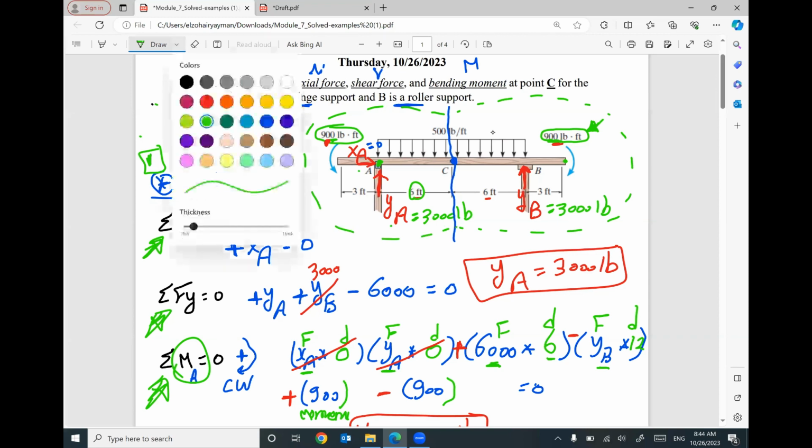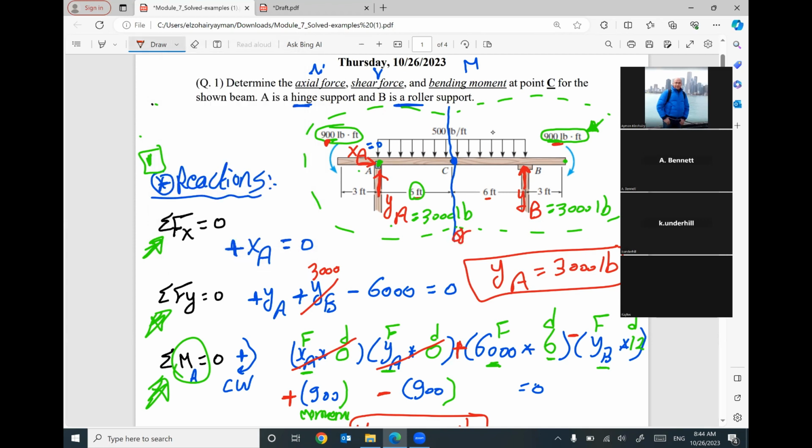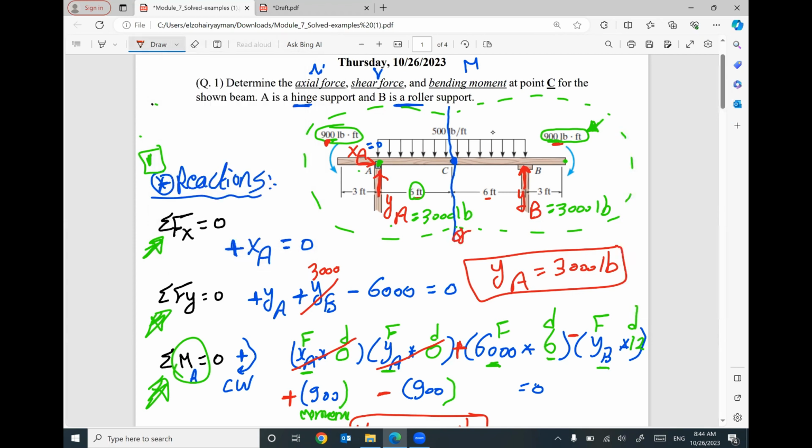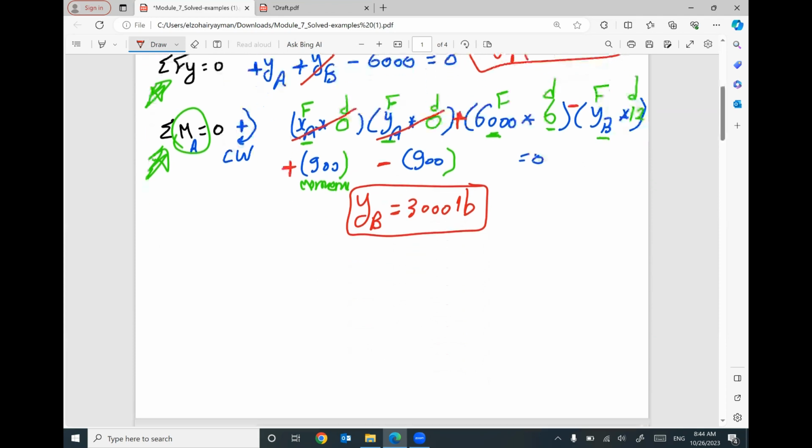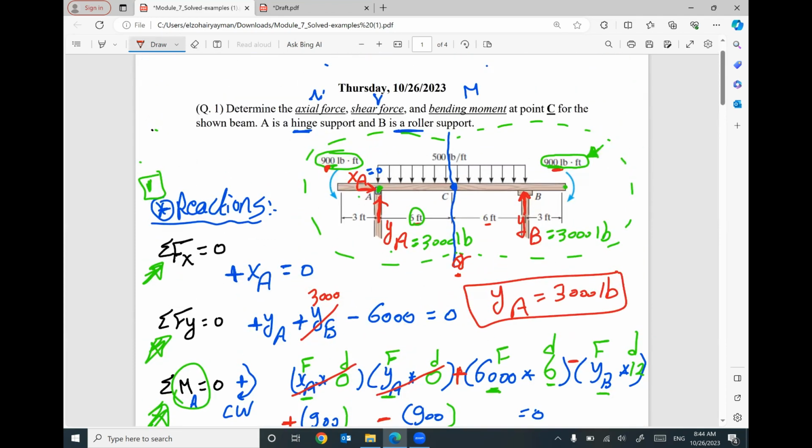Which part I'm going to use is up to you. I can use the left part or the right part. It's up to you. So for me, I'm going to use the right part.